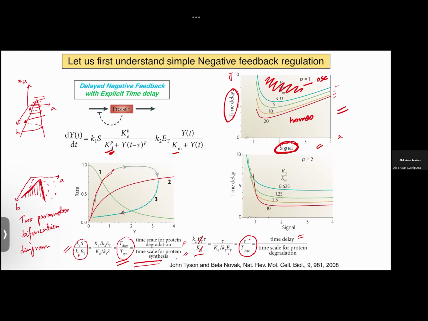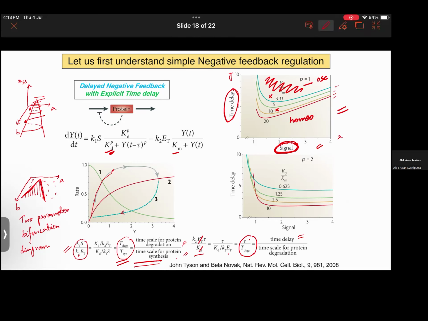So for example, for 3.33 Kd by Km and P equal to 1, if your point is somewhere here, the system will oscillate. But if your point is somewhere, let's say here, it won't oscillate. Therefore, as you are changing the value of this Kd by Km, you are gradually shifting the boundary between an oscillatory and a homeostatic region. Okay?